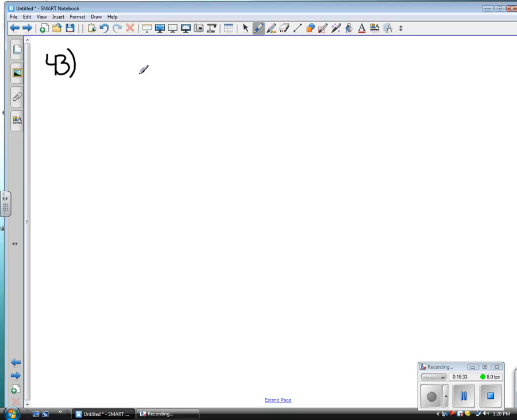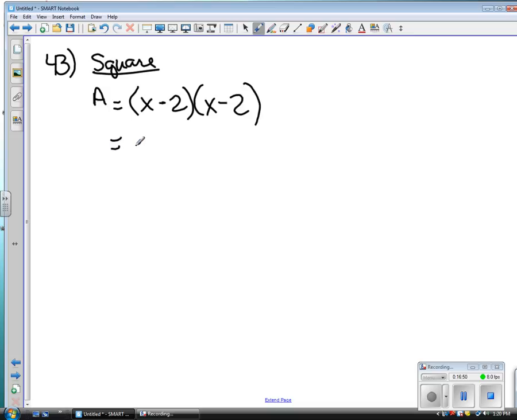Alright, B says, which shape has the greater area? Well, we need to find the area. So, area of my square, I'm going to put square up here so we'll know. That was X minus 2 times X minus 2, right? If I use FOIL, what's X times X?